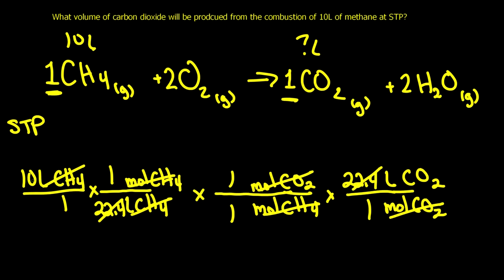So we get 10 times 1 times 1 divided by 1 divided by 1, and we get 10 liters of CO2. And there is our answer.